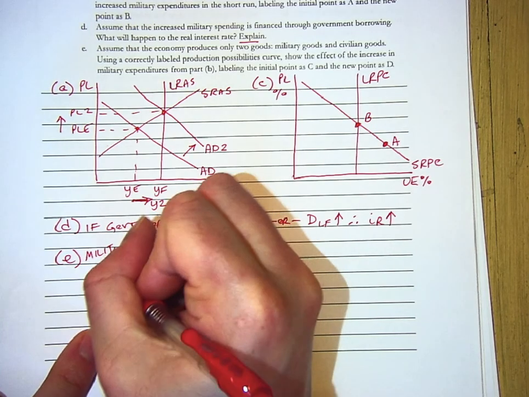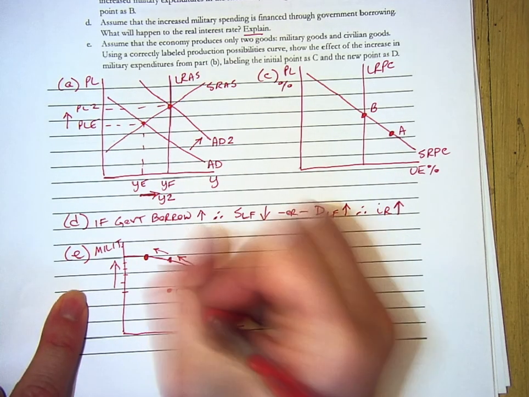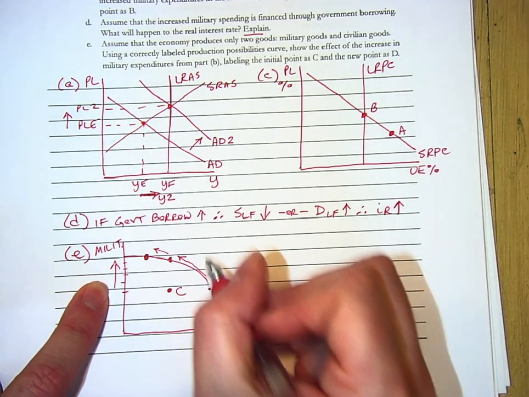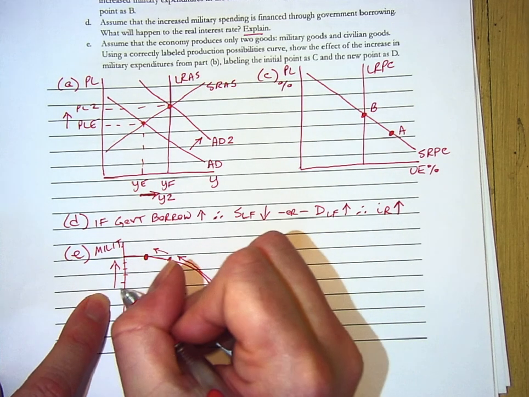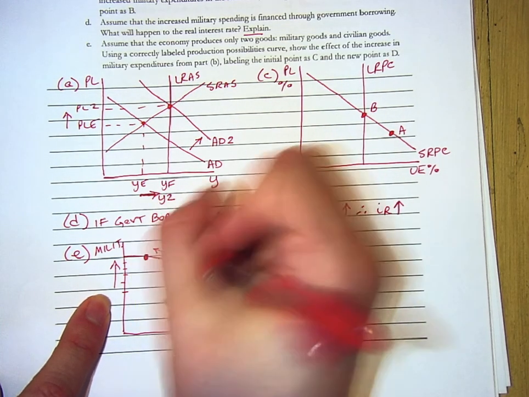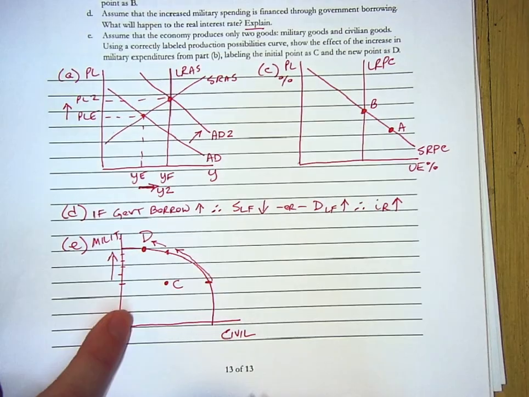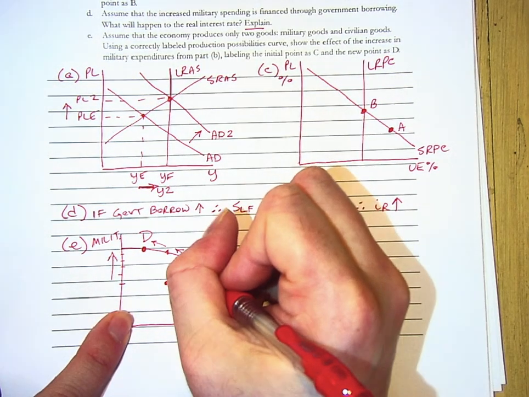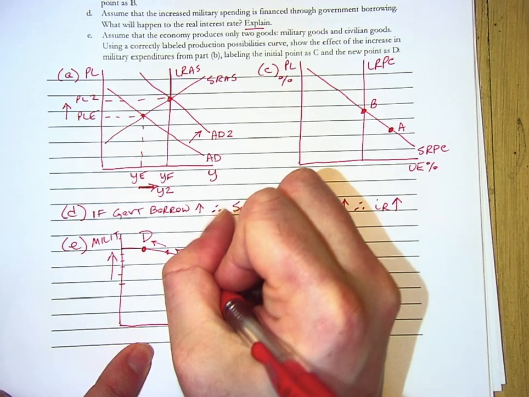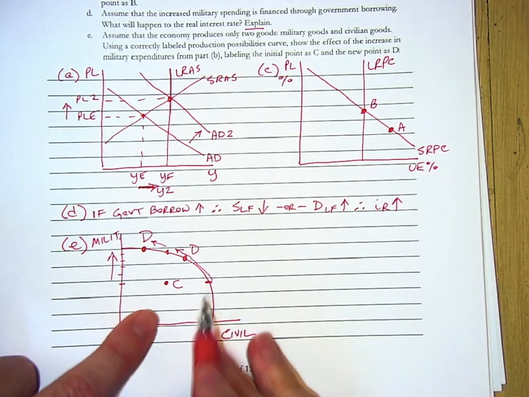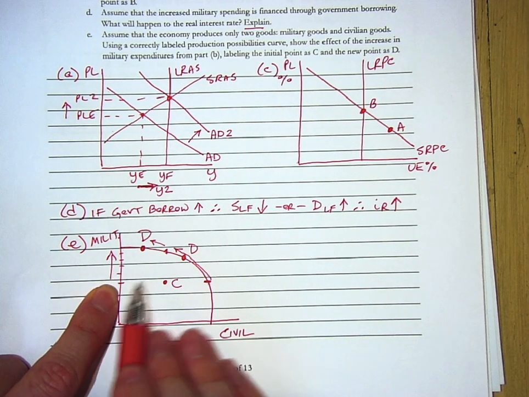So we need our new point to appear on the line, somewhere up here, and it has to be an increase in military spending. We could say they produce all the way up to here, or maybe all the way up to here. Anything with more military spending would be fine.